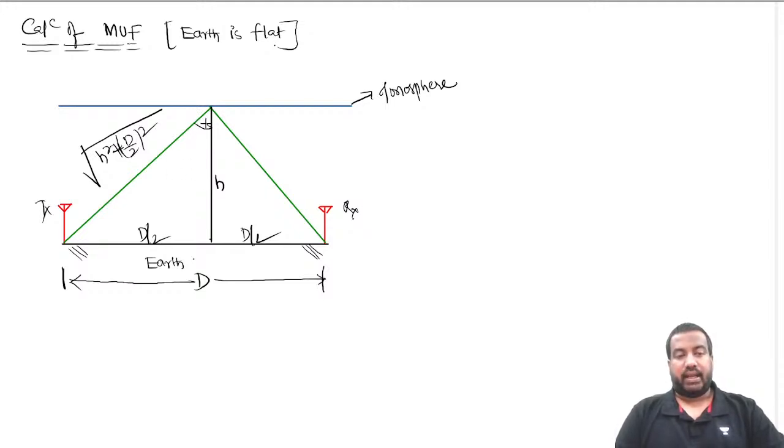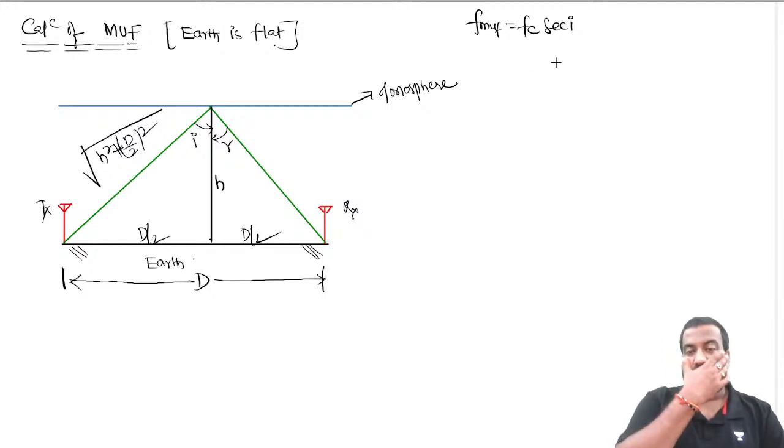The incident angle, the reflected angle, okay? Fine. Now we know that FMEF is equal to FC into secant I.